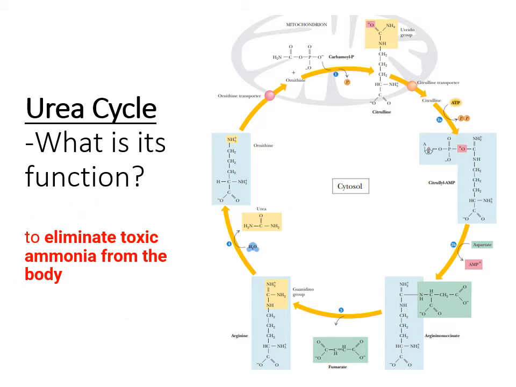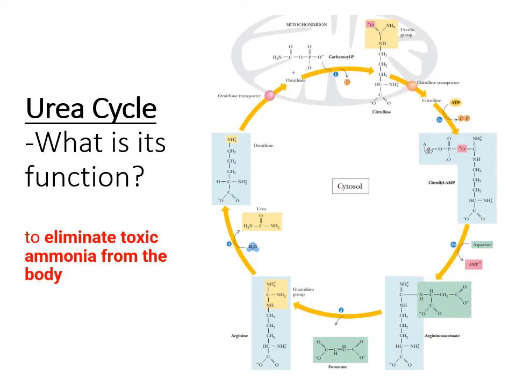Like I was just saying in the previous slide, we convert any excess nitrogen and ammonia into urea because it's a way for us to avoid exposure to the toxic effects that ammonia would have on us.